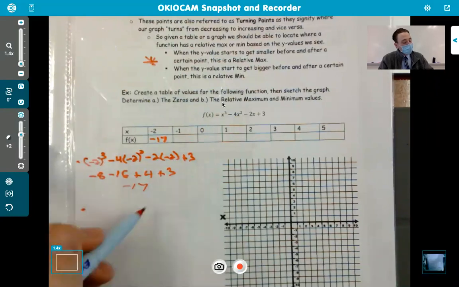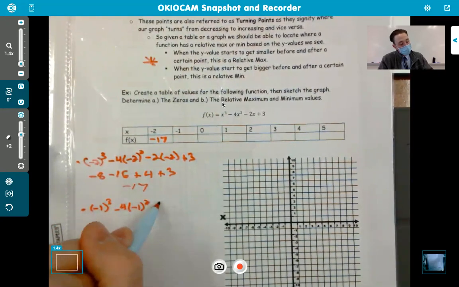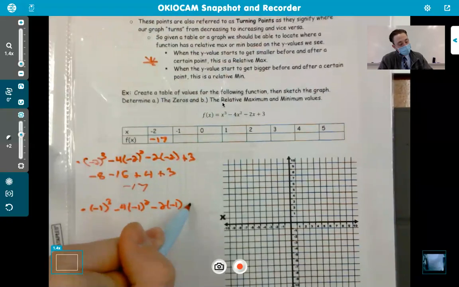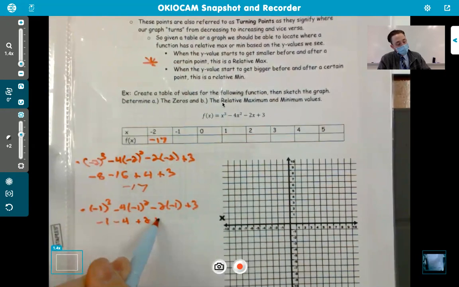Let's do one more value. So if I plug in -1: -1 cubed minus 4 times -1 squared minus 2 times -1 plus 3. Well, -1 cubed is going to give me -1. -1 squared is +1 times -4 is -4, plus 2, plus 3.